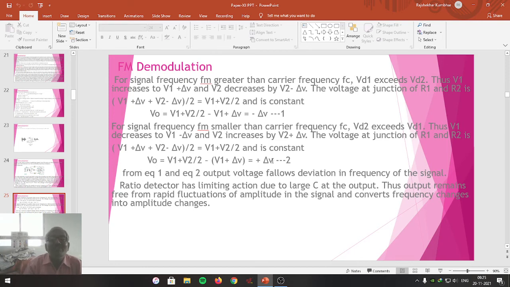What does this indicate? Output voltage changes from plus delta V to 0, 0 to minus delta V, meaning at the output we obtain the modulating signal. Thus we can say from equation number 1 and equation number 2, the output voltage follows the deviation in the frequency of the signal.